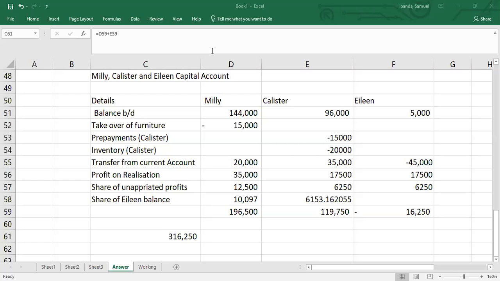But if the partner becomes insolvent and is unable to pay back the amount owed by him to the firm in full, the amount not paid is a loss to the firm, which under the Garner and Murray rule is borne by the solvent partners.